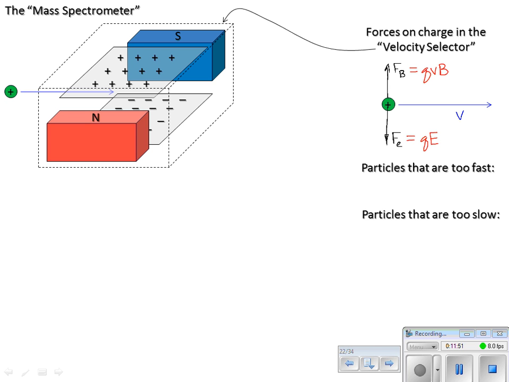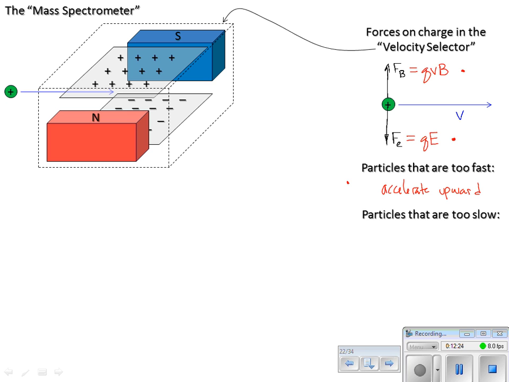So notice, if particles are going, say, quote-unquote fast, well, that means that QVB gets bigger. And what we can say is particles that are too fast accelerate upward. Particles that are too slow, like even a stationary particle, will be affected by this electrostatic force. It'll be pushed straight downward if it's not moving at all.